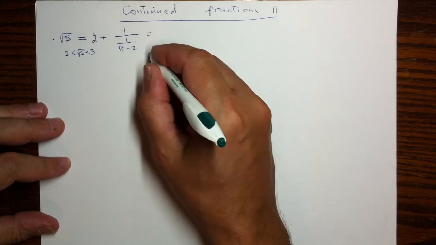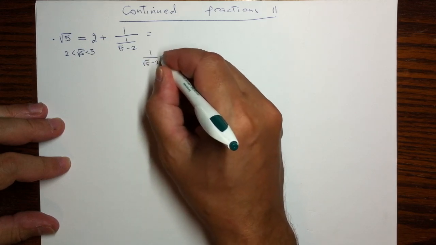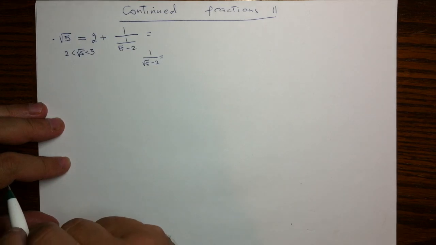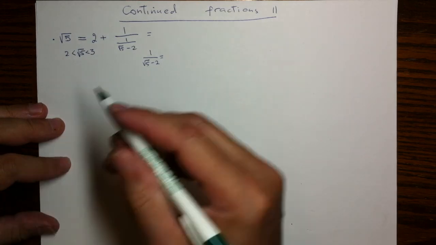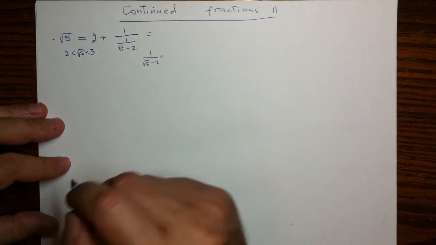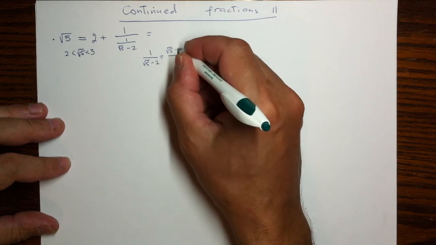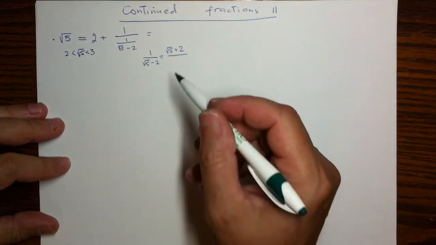So to continue, we have to take this number and rewrite it first in a better form so that we can see what its integer part is. And that would be just clearing the irrationality in the denominator, so multiplying by the algebraic conjugate, up to a sign.